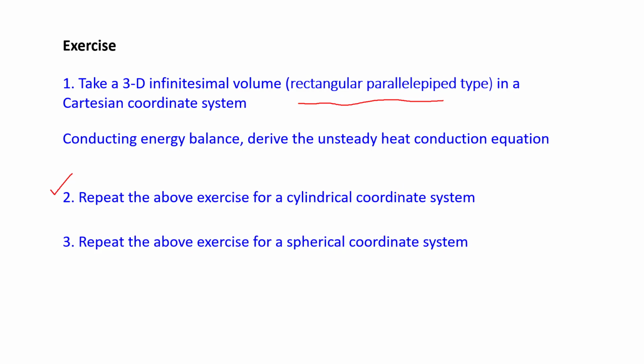Once you are okay with both Cartesian and cylindrical systems, you can now go to a spherical system and derive the energy equation. Although this exercise may look trivial right now and may look unnecessary, if you do it, you will learn a lot about energy balance, which will help you in this course as well as in your heat transfer course.